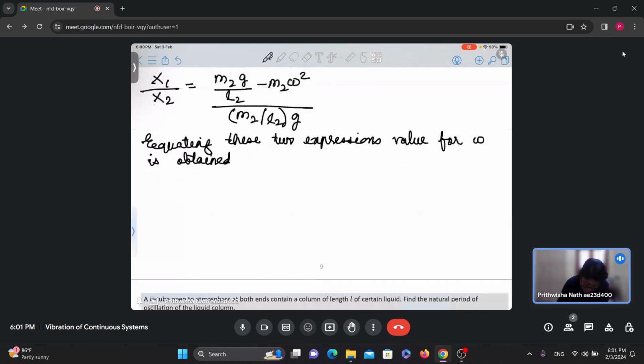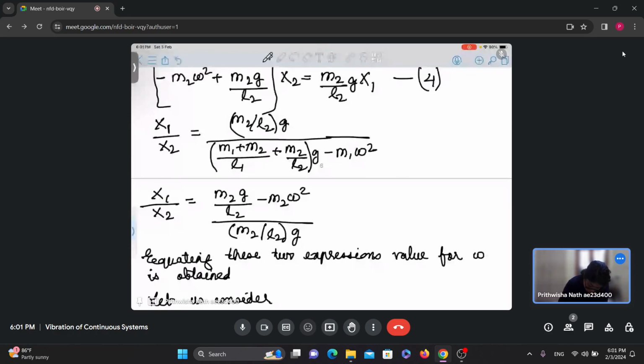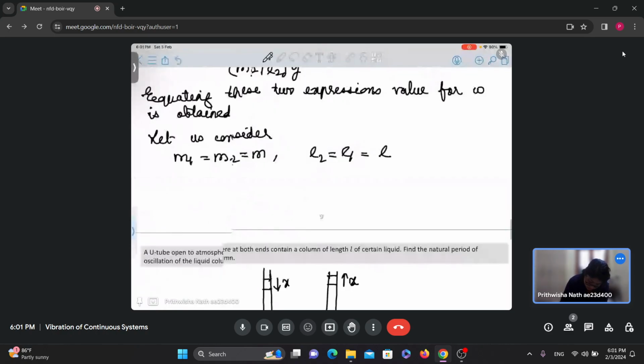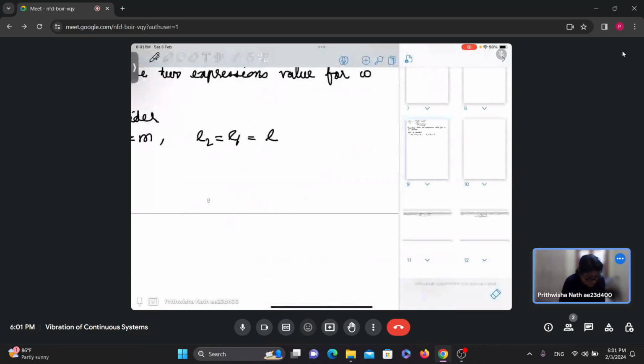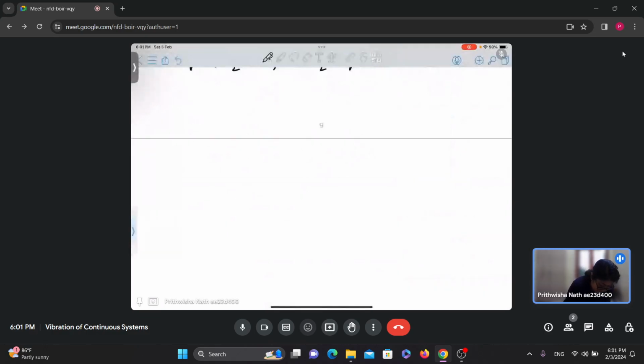Let us consider m1 equals m2 equals m and L2 equals L1 equals L. So in the above equation, if we simply substitute m2 and m1 as m and L2 and L1 as L, what we get?